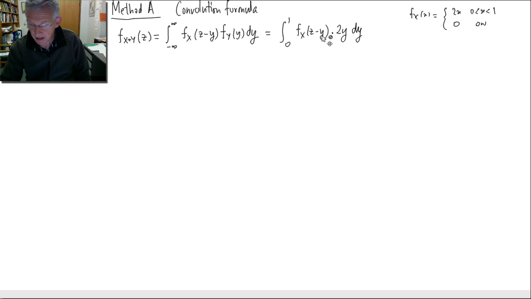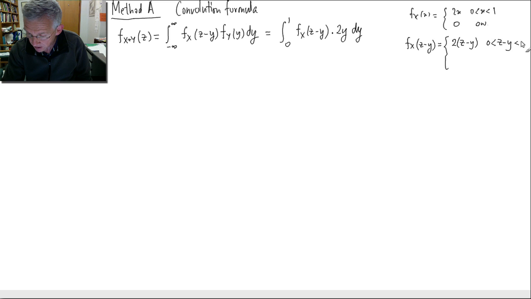Okay? And so one thing we can do immediately is say that f_X evaluated at z minus y is equal to, I'm going to rewrite what I have here, but I'm just going to replace x everywhere by z minus y. So 2 times z minus y for 0 less than z minus y less than 1 and 0 otherwise.